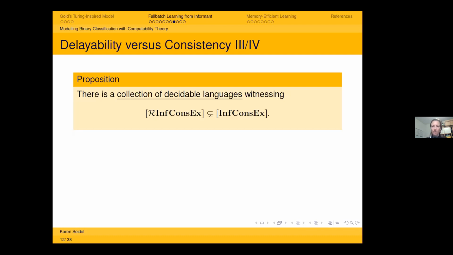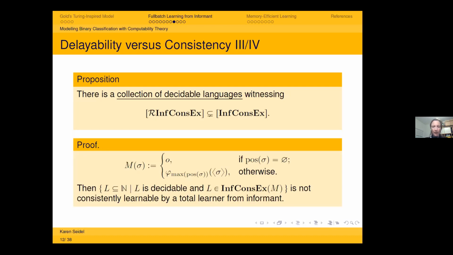And now I want to give a vague idea of why this is not the case again for consistency. Okay, and what one does is one looks at a learning algorithm, one specific one, that first outputs some initial hypothesis for the empty set, and afterwards always asks the data stream it sees which function to run, and also encodes the input as the argument.